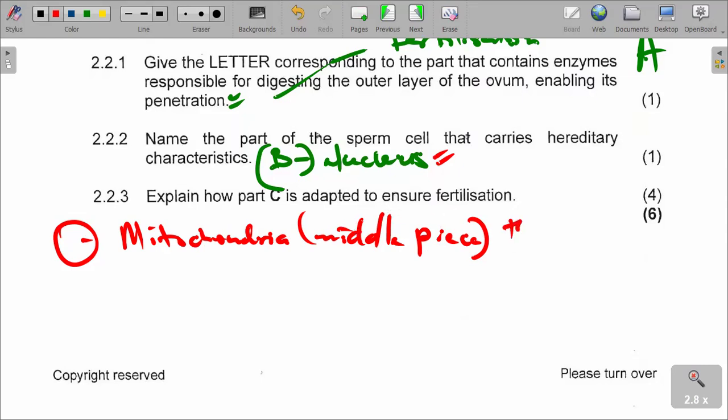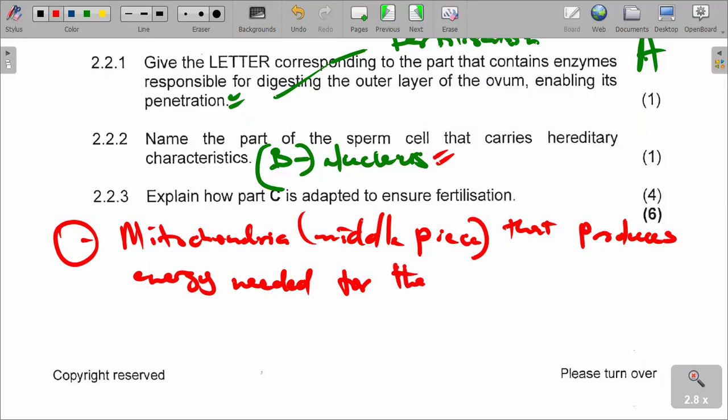that produces much needed energy for the movement of the sperm cell.